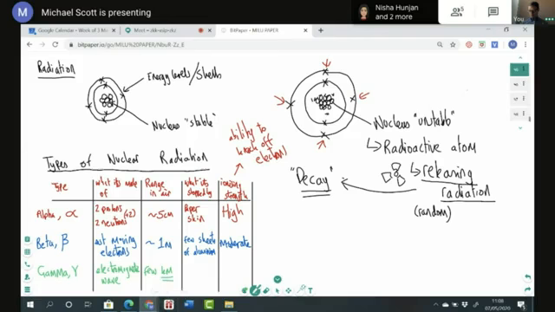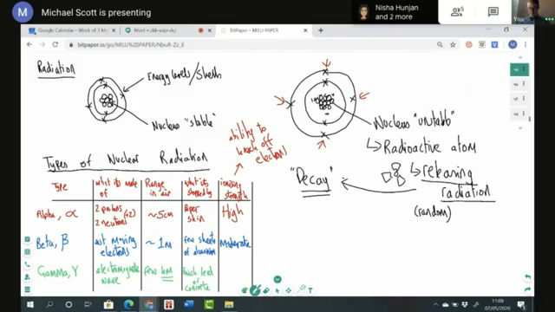Now, gamma is not actually stopped by any material, but it can be weakened by thick lead or concrete. So we can't typically stop gamma, but we can weaken it using these materials here.